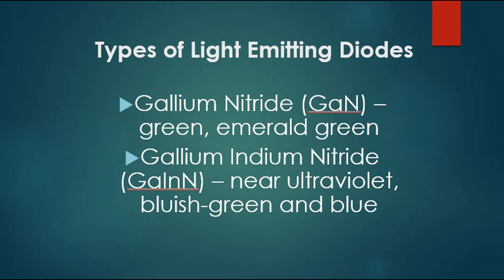bluish green and blue. That is to show you that once you have seen all these colors in one LED, it has all these elements in it that are producing such an LED.